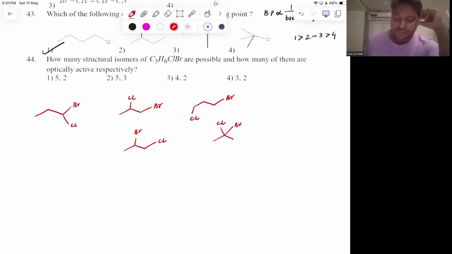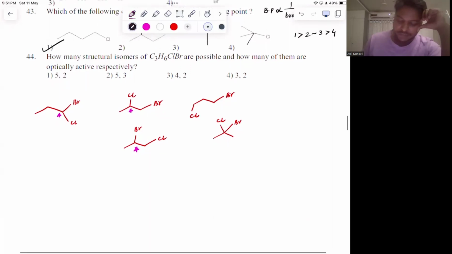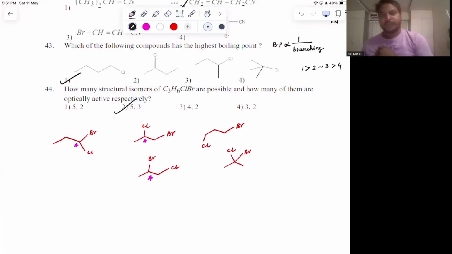These are 5 structural isomers I can draw. And if you see, this is a chiral center, this is a chiral center, this is a chiral center. So out of these 5 structures, there are 3 chiral molecules which are optically active. So this is the second one. Clear?